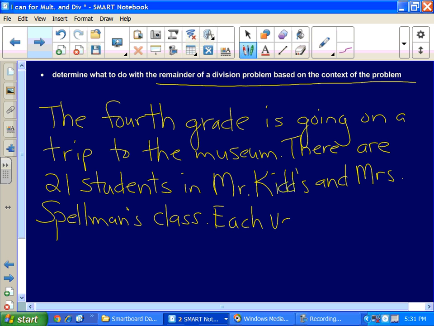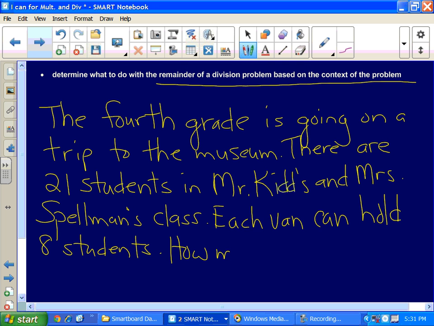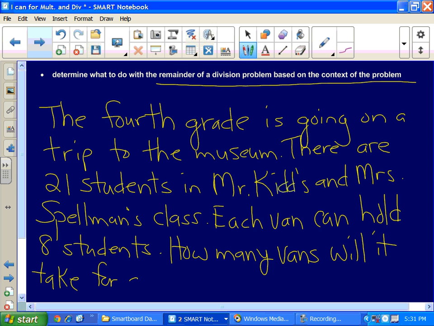Each band can hold 8 students. How many bands will it take for all the students to go?